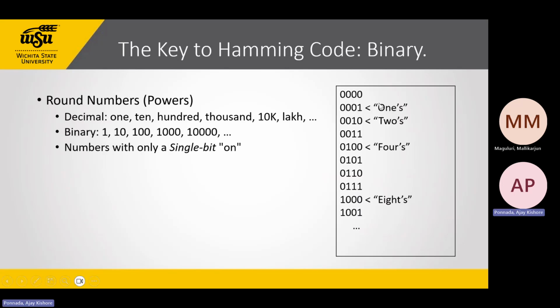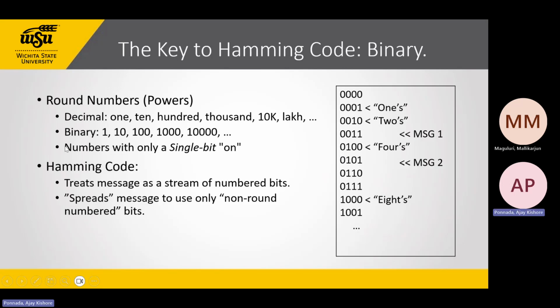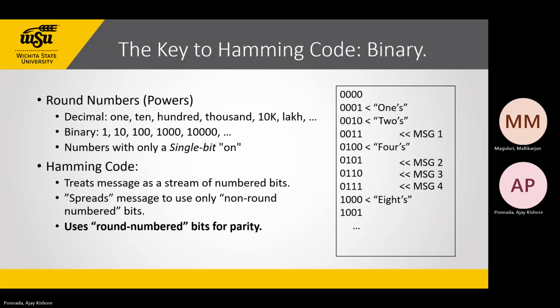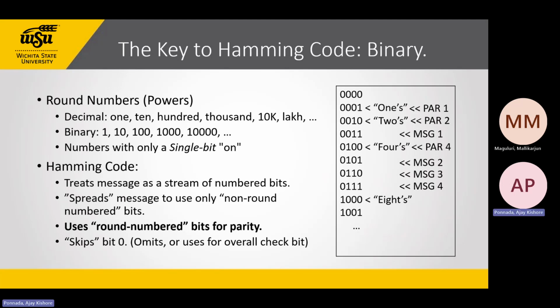So right there, ones, twos, fours, and eights. So yeah, single flipped bits. So decimals 1 to hundreds. We will discuss it more clearly. Rounded numbers for parity. So it's simple. Let's see.